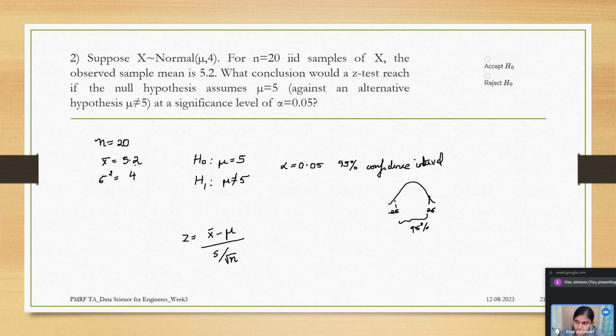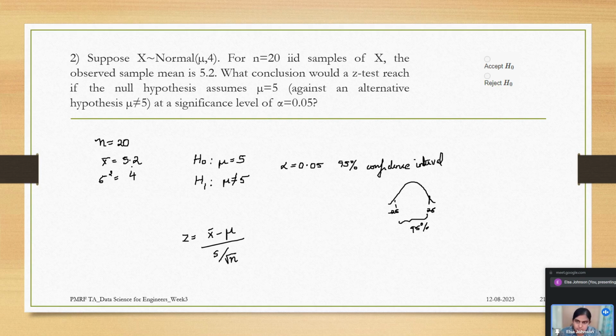Why have you given accept H0, Chandan? Because if anyone can calculate it, I will calculate it now.